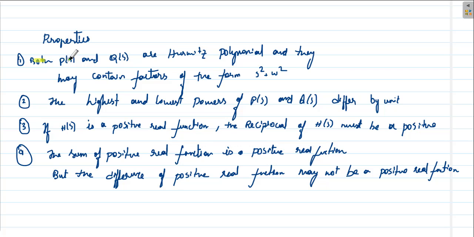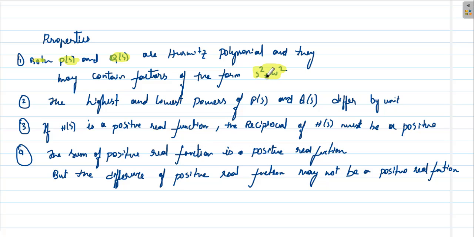Both P of s and Q of s are Hurwitz polynomials, and they may contain factors of the form s square plus omega square, the second order form. We want to know what a Hurwitz polynomial is.